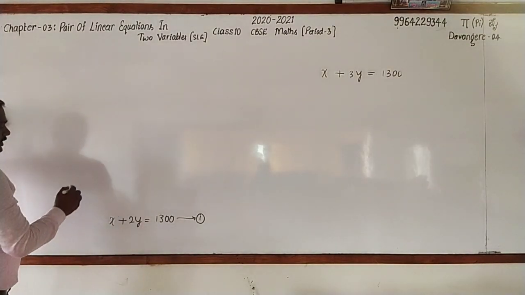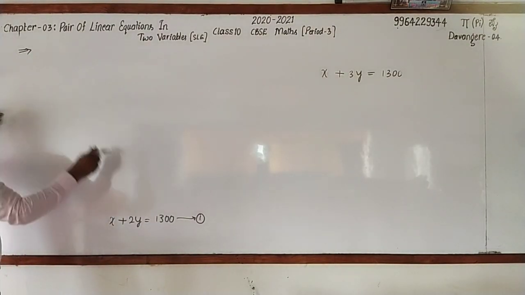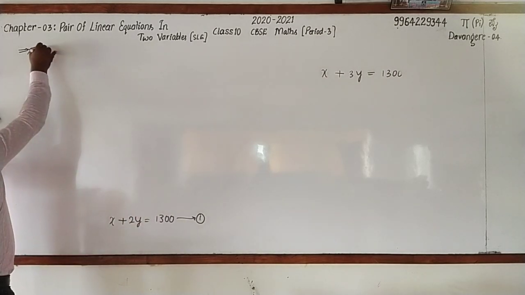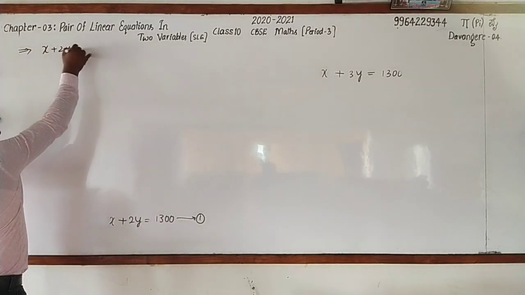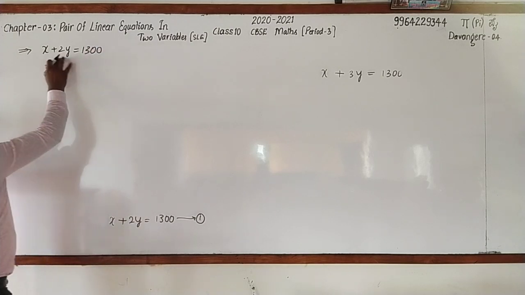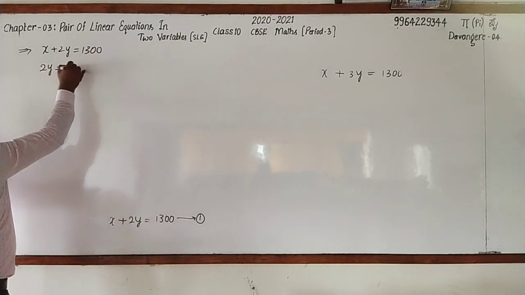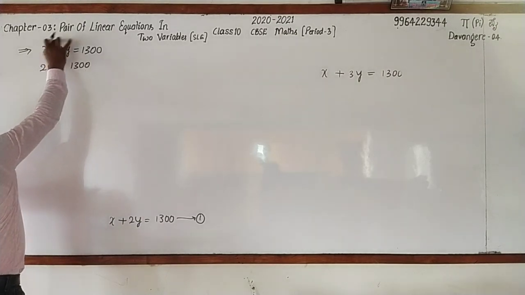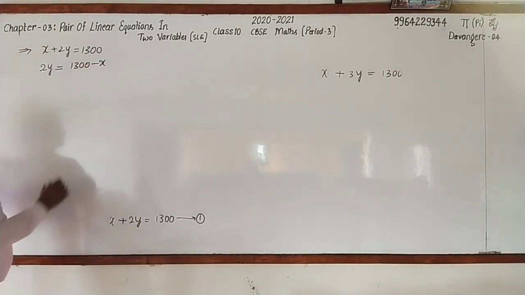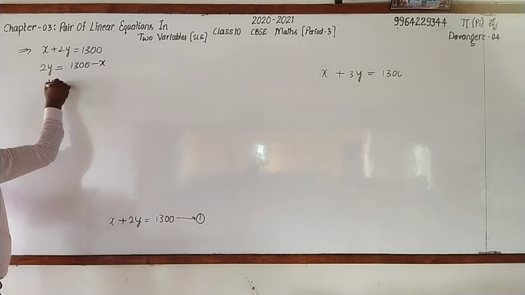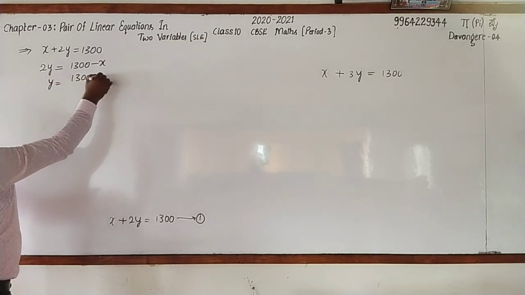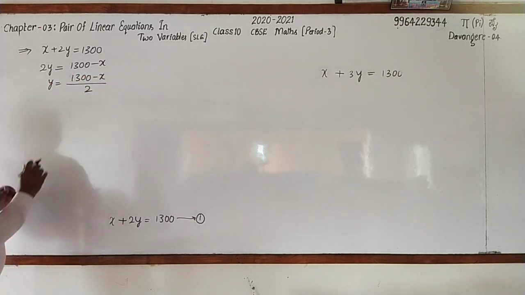Now the first equation is x plus 2y equal to 1,300. Let us solve for y. I'll write 2y as it is, then 1300, transfer x to the right hand side, it becomes minus x. Then y equals (1300 minus x) by 2.